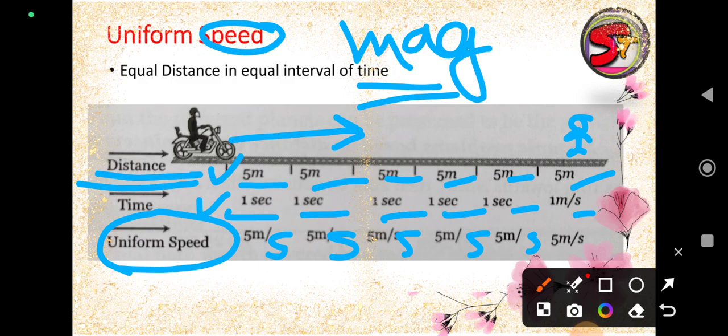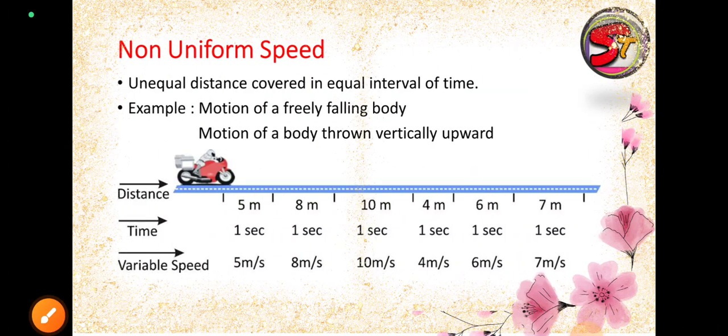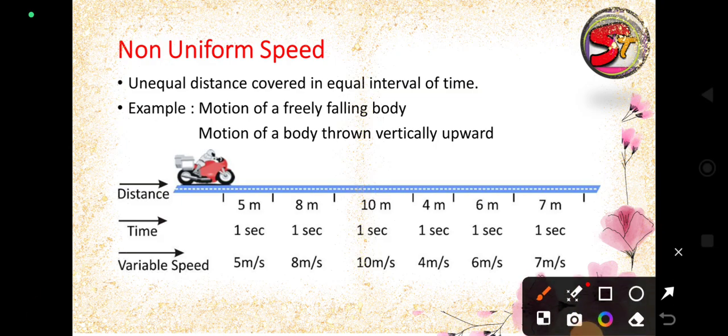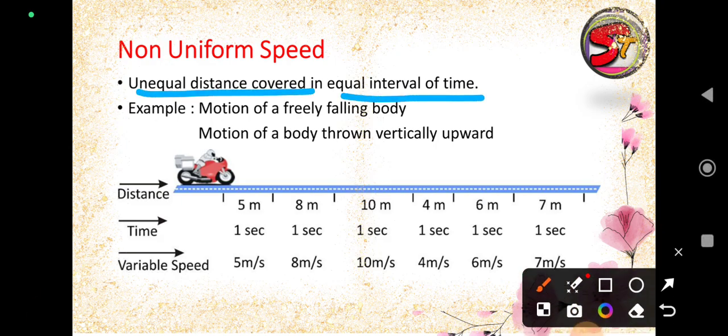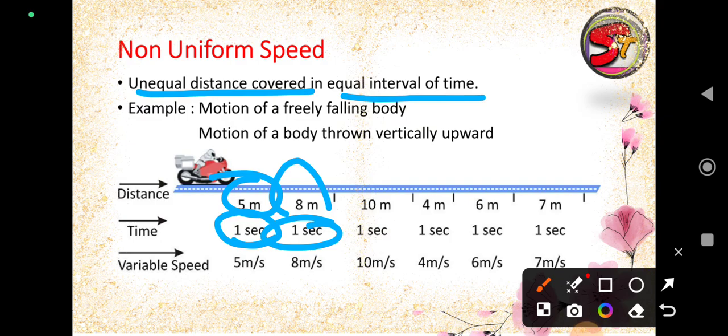Opposite to this, if we discuss non-uniform speed, what will happen? Here, unequal distance will be travelled in equal intervals of time. Here I have taken 1 second as the example. In the first second, the object is moving 5 meters. In another second, it is moving with a different speed, 8 meters.